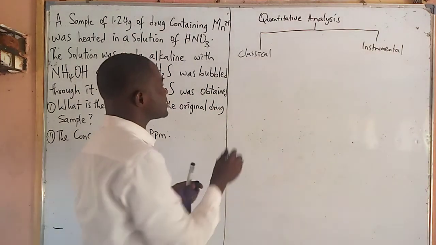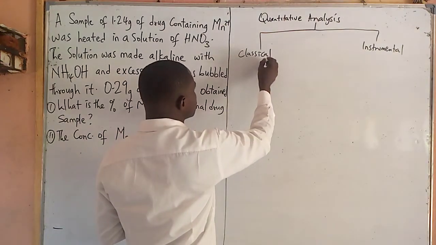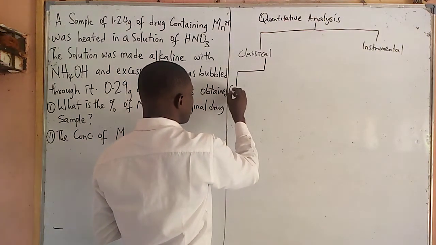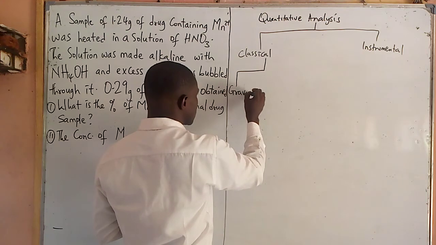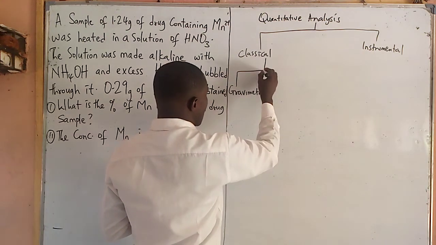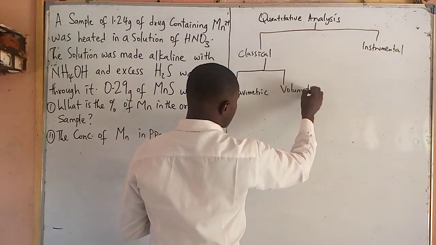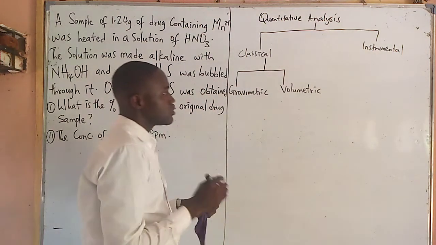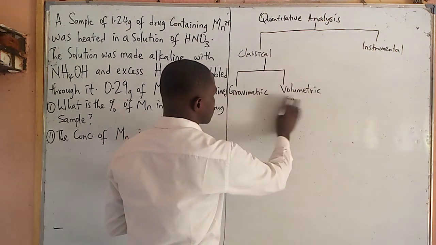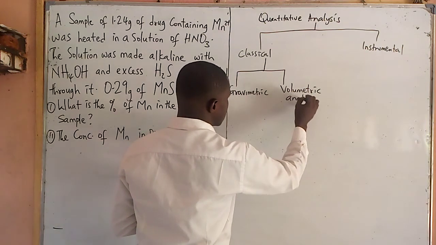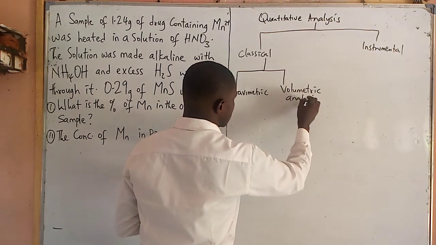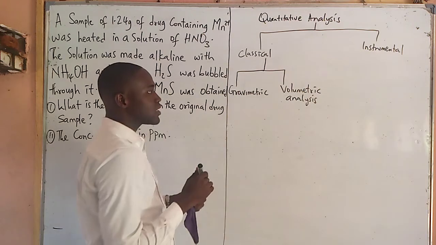Then classical is also divided into two: gravimetric and volumetric. Volumetric is the one we call titration.